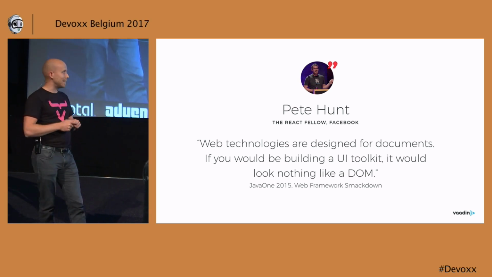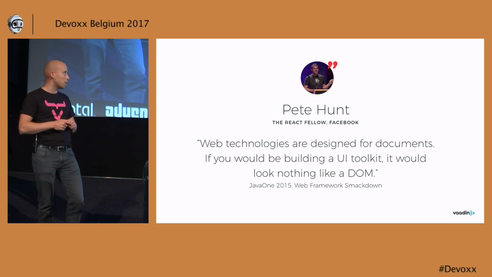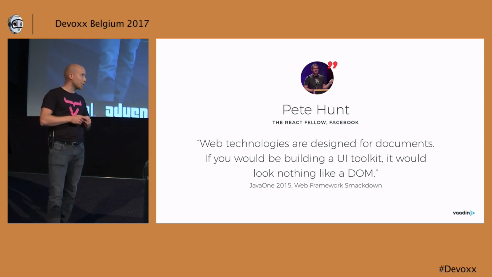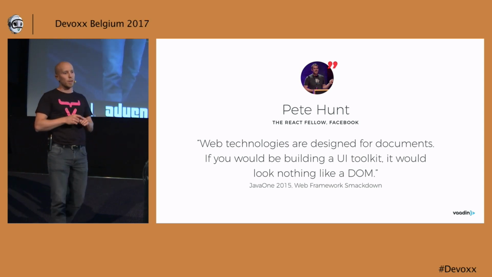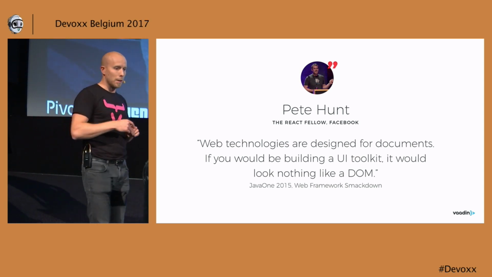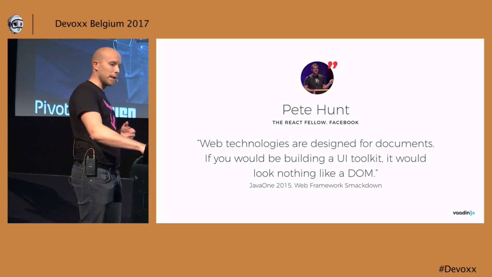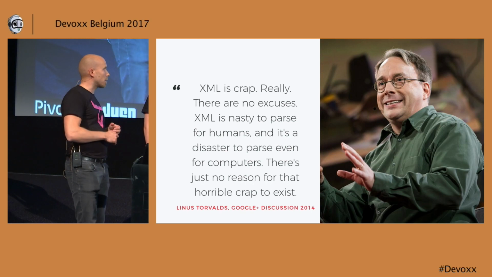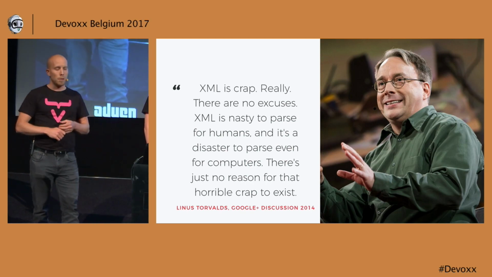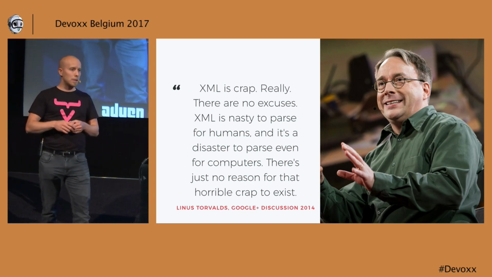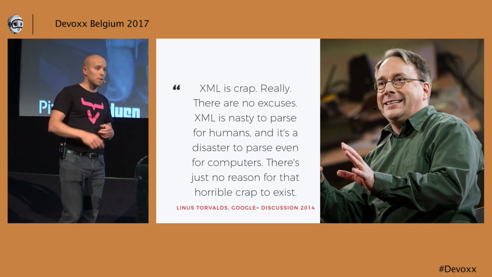He said this in Java a couple of years ago: web technologies are designed for documents. If you were building a UI toolkit, it would look nothing like the DOM. And this is really true. The web is very good for documents, but it's not for dynamic applications. And also the markup language that we like to use, well, XML is not strictly HTML, but it's pretty much the same crap.